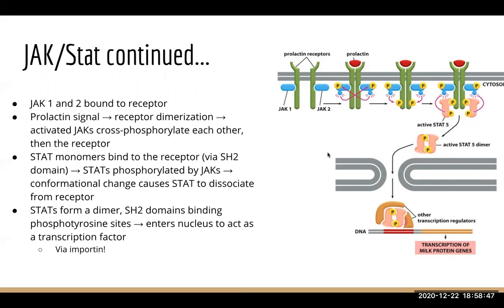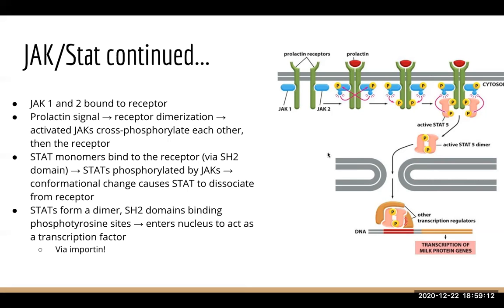But JAK-STAT signaling is also used for cytokine signaling and cell division. JAK1 and JAK2 are in the family of tyrosine kinases, but they're non-receptor tyrosine kinases because they have tyrosine kinase domains similar to RTKs, but they are not an RTK.